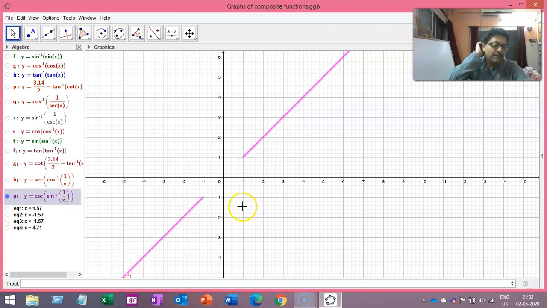In the same manner, none of them are periodic over there. Periodic were sin inverse sin x, cos inverse cos x, all these. But these things are not periodic. Their graph will never be repeated. In fact, there is a break which cannot be made up. Between -1 and +1, this function is not defined at all. Okay?